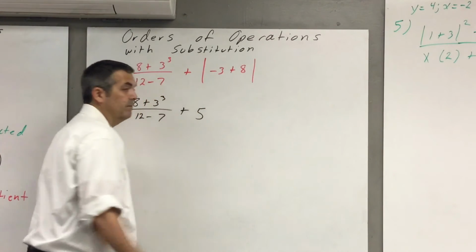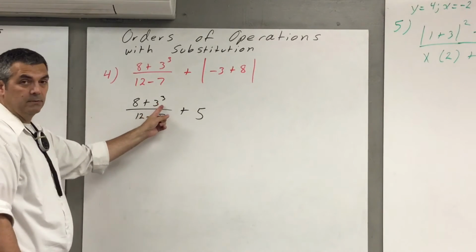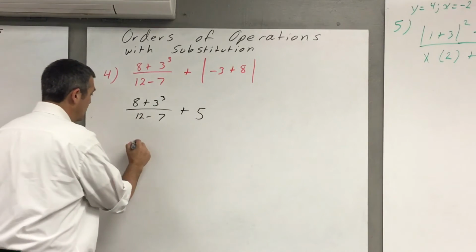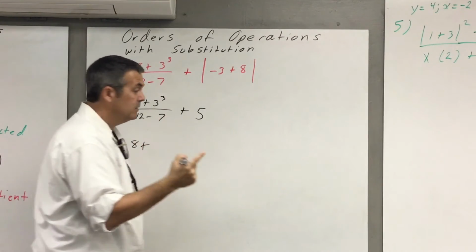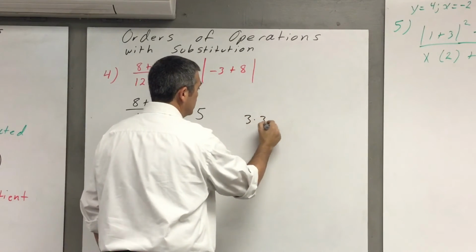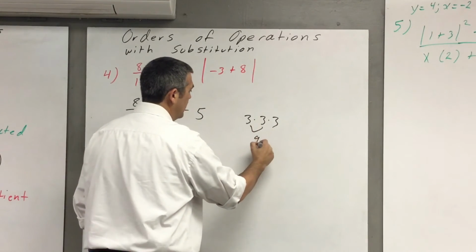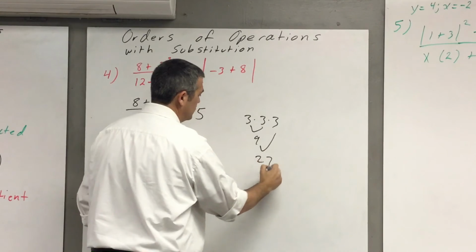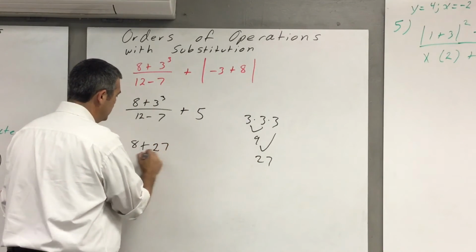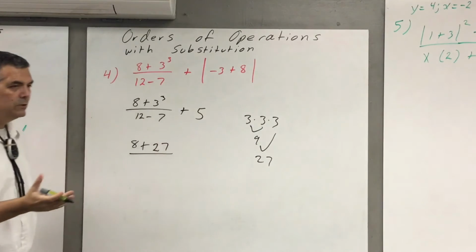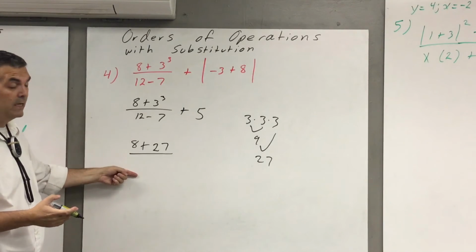Now, I'm going to do my exponent. 8 plus 3 to the third is the same thing as 3 times 3 times 3. 3 times 3 is 9, times 3 is 27. So 8 plus 27 over, and if you wanted to, you could do this 12 minus 7 right here when you bring this down.